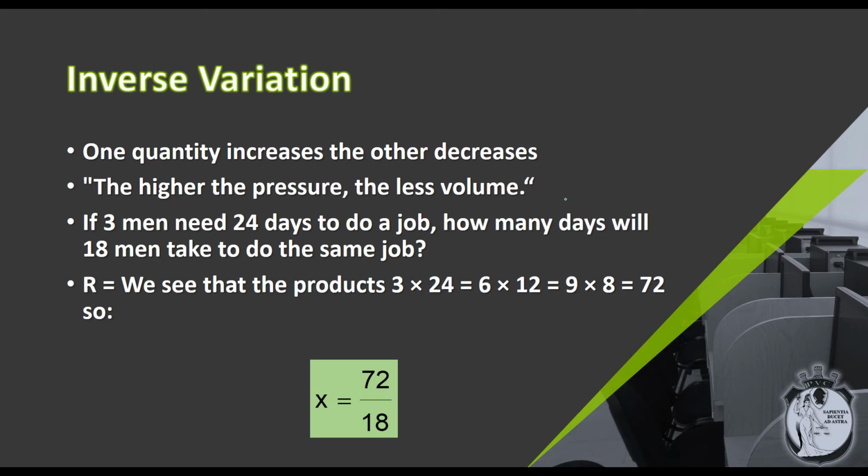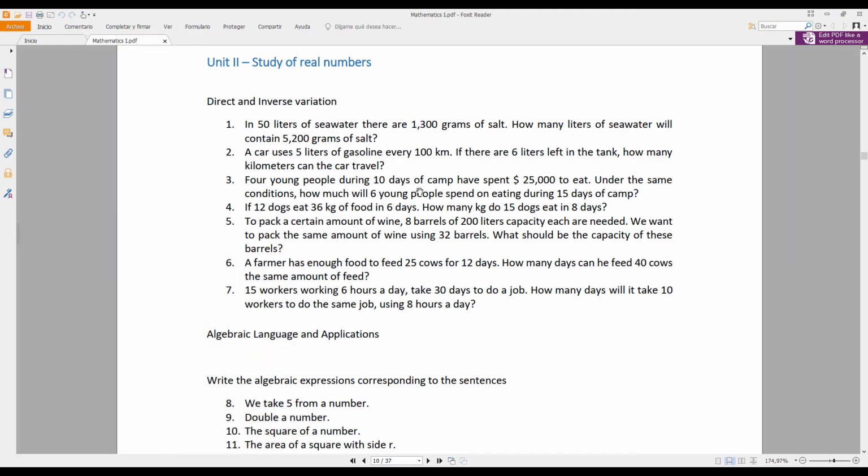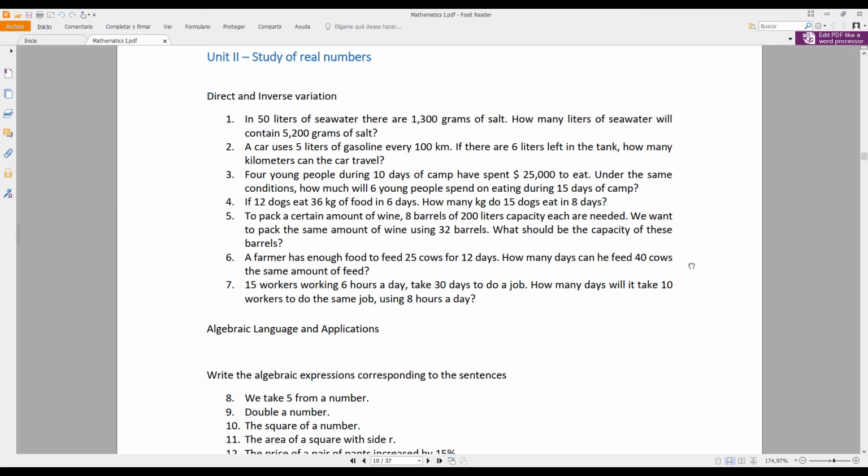Well, now we will apply this to another example. Exercise number 5: to pack a certain amount of wine, 8 barrels of 200 liters of capacity each are needed. We want to pack the same amount of wine using 32 barrels. What should be the capacity of these barrels?